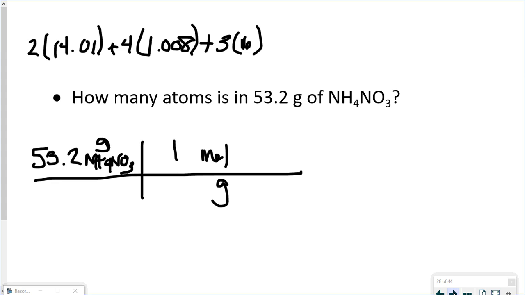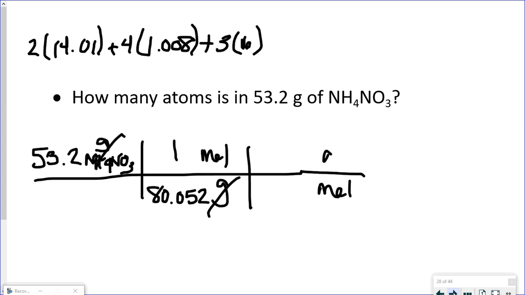So our molar mass, the 80.052, is going to go on the bottom. So that's going to cancel out grams and leave us with moles. But we're looking for atoms, which remember are particles, so we no longer need moles. So that will go on the bottom of our next step. And we can change into atoms.